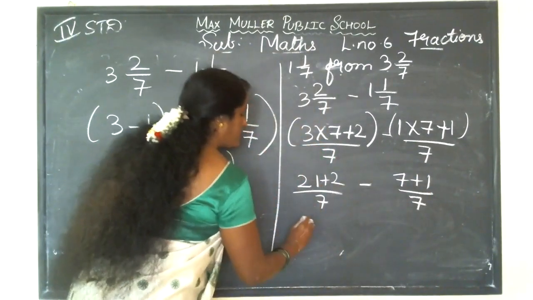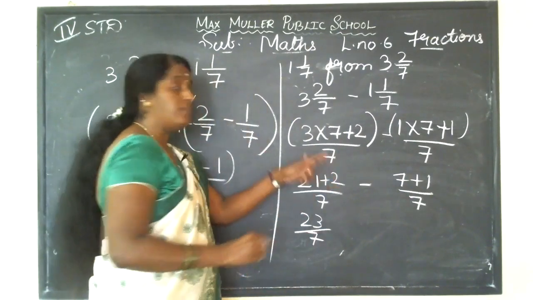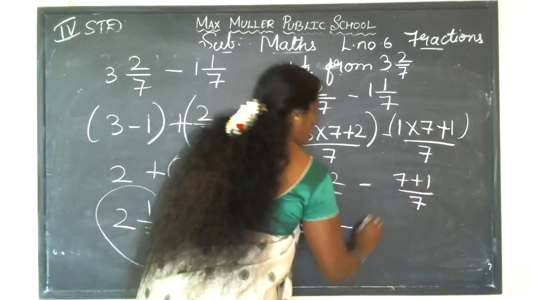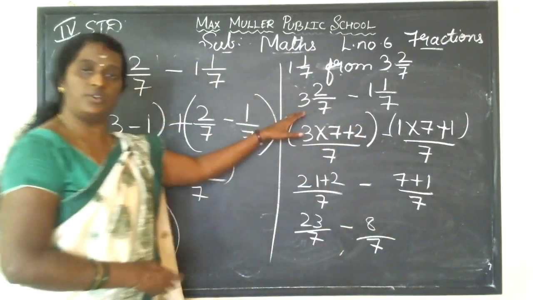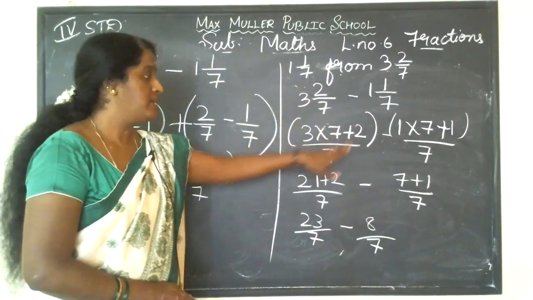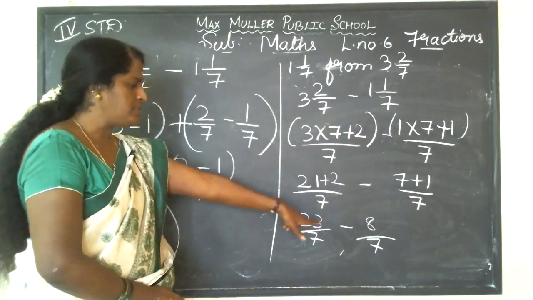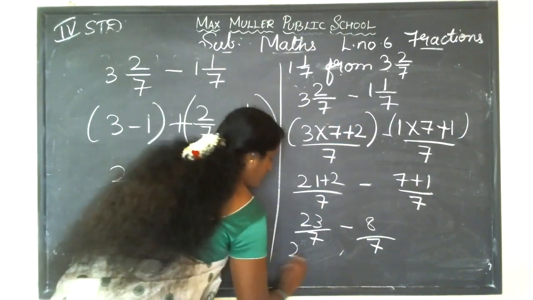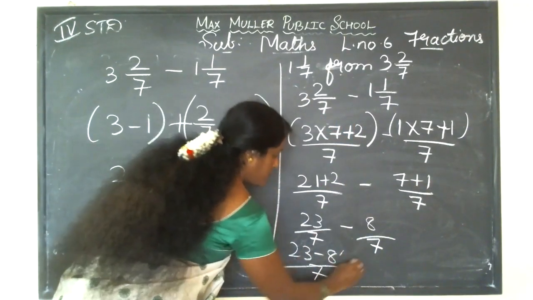See, 21 plus 2 is 23 by 7, minus 7 plus 1, 8 by 7. This method, as usual, we'll do like this only. Here we should do minus. So 23 minus 8 by 7, the denominator will be the same.